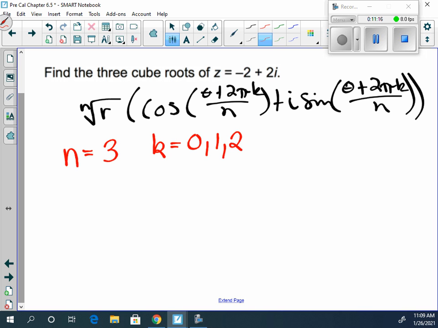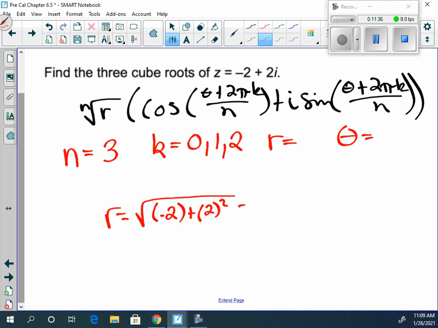Now all we're missing is what? r and theta, because once we get r and theta, we have all the missing pieces. Now, r is equal to the square root of 2 squared plus 2 squared, which is 2 square root of 2.